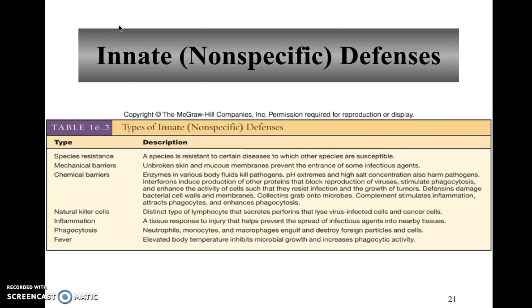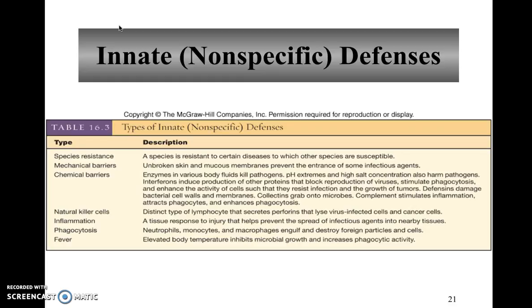It can't cause disease. And as long as we have unbroken skin and unbroken mucous membranes, you don't have cuts or nicks in the skin or the membranes, most pathogens can't get into the body. They need some opening to get in. There are some pathogens like hookworms that can burrow through the skin, but most of them can't get in.